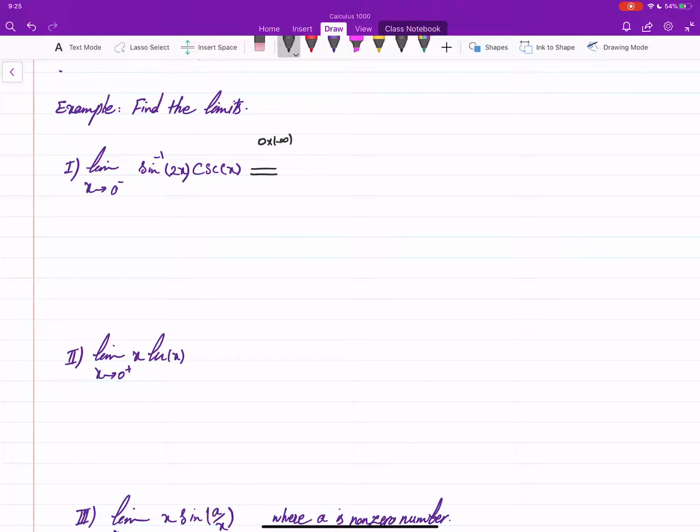Now, you can either do the limit of 1 over sine inverse of 2x times cosecant x, or you do the limit of sine inverse of 2x over 1 over cosecant x. I didn't say which one is the best one.